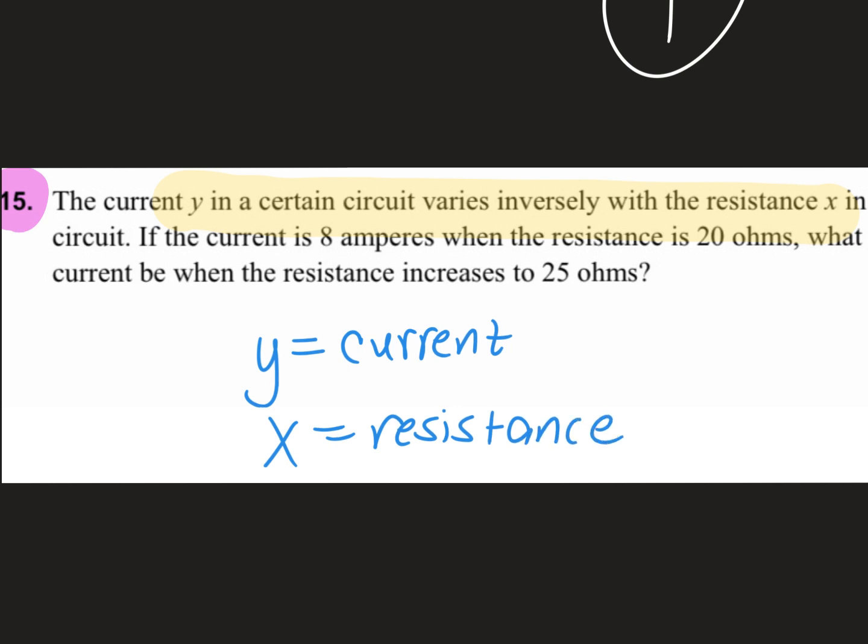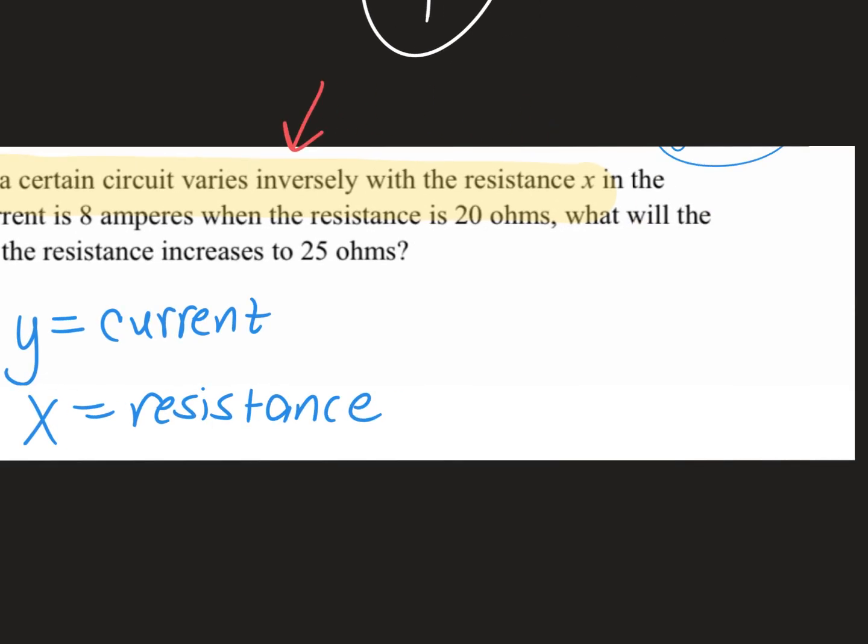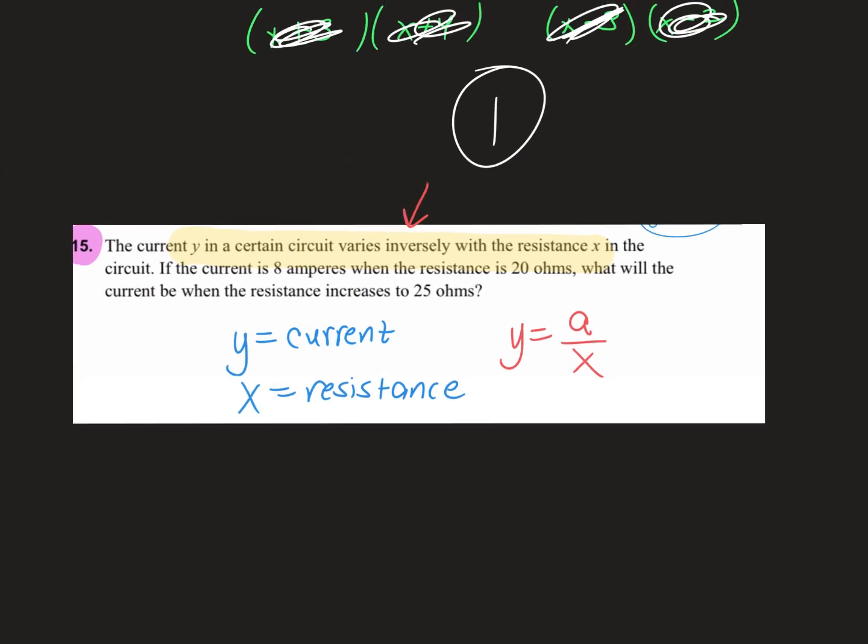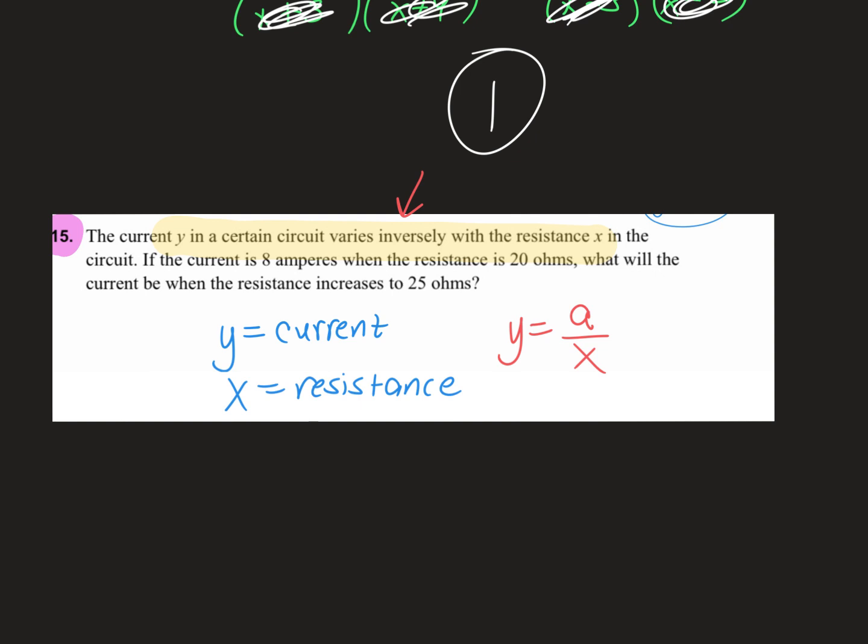Another thing they also tell you is that it varies inversely, which means you use the equation y equals a over x. So they gave you two variables, y and x. They tell you what the current represents, they tell you what the resistance represents, and they also gave you values for that. They tell you that the current is 8 amperes, and they tell you that the resistance is 20 ohms. We're trying to figure out what the current would be when we increase the resistance to 25 ohms.